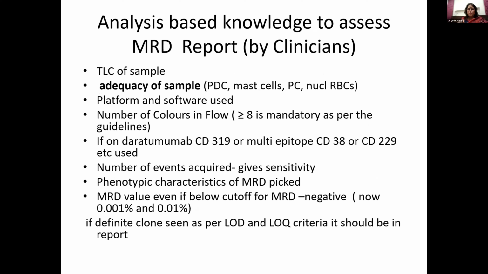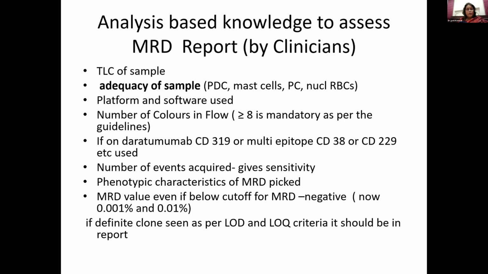The clinician should also understand, we have to educate them to look at the TLC, to look at the adequacy of the sample in the report, because sometimes standalone labs may give a report without adequacy. So the mast cells, the nucleated red cells, the normal plasma cells, the PDC, the report should clearly have more than 8 color, 2 tubes or 1 more than 10. The daratumumab based CD319 or multi-epitope CD38 or CD229, etc. should be there if you're giving daratumumab.